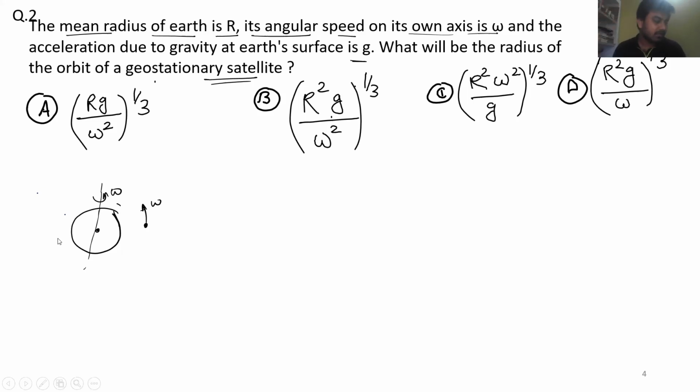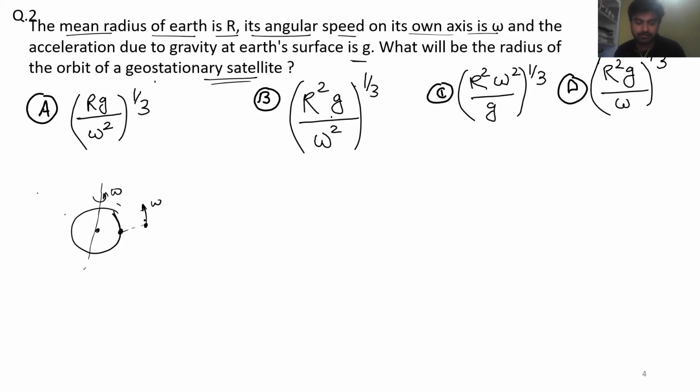Let's say this is Earth and this is the satellite. When Earth rotates, the satellite also goes along with it, at the same angular velocity. A person standing on the Earth can see this satellite directly and it appears still to him, because both the velocities are omega, so the resultant velocity between them is zero.